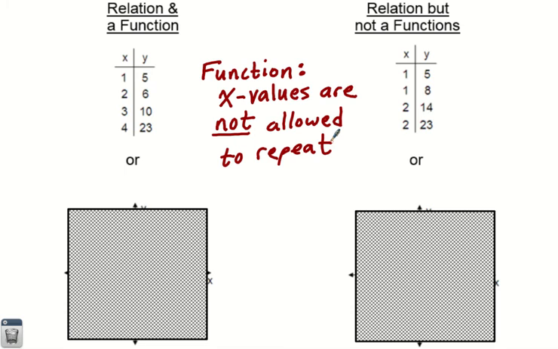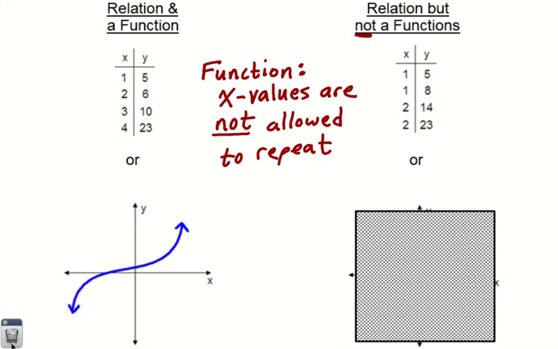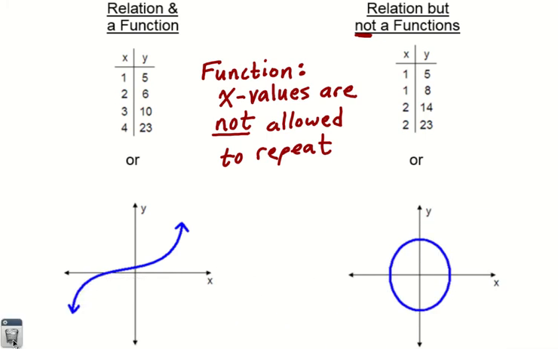That's a very quick, effective test of whether something's a function or not, especially if you're given a table or just a list of ordered pairs. If you see any repeated x values, it's not a function. Like here, the 1's repeated and the 2's repeated for the x's, and so those were not functions. And then here's an example of a graph that is a function. Here's an example of a graph that is not a function.